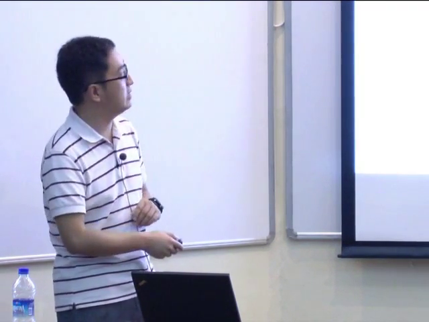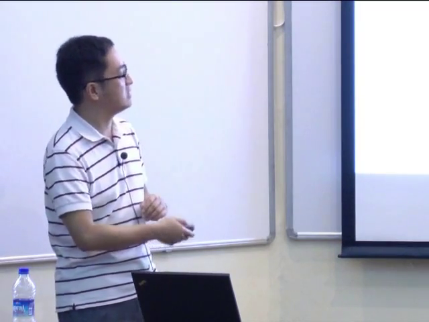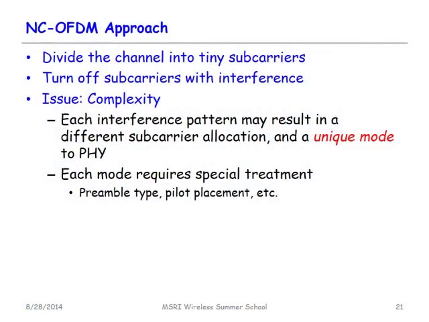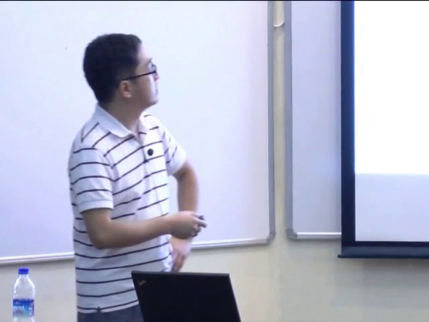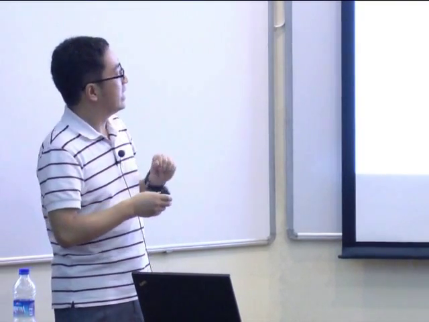There are various solutions, and there are quite a few designs on this. But the issue is that it's quite complex, because we have a fixed allocation of subcarriers, but turning off certain subcarriers is dynamic. If there is interference, I need to mark these subcarriers. How do we notify the other party that this has changed? And when it changes, the whole physical layer structure is going to change.